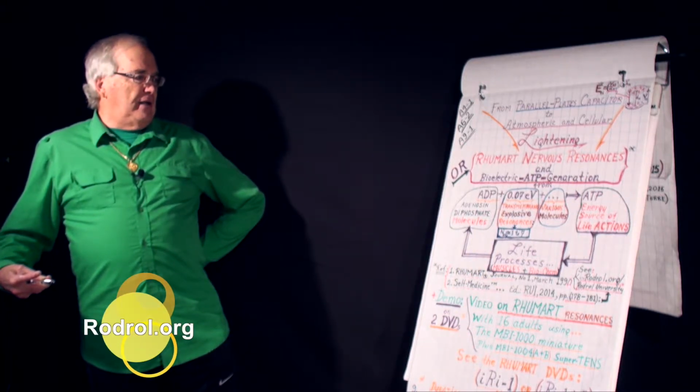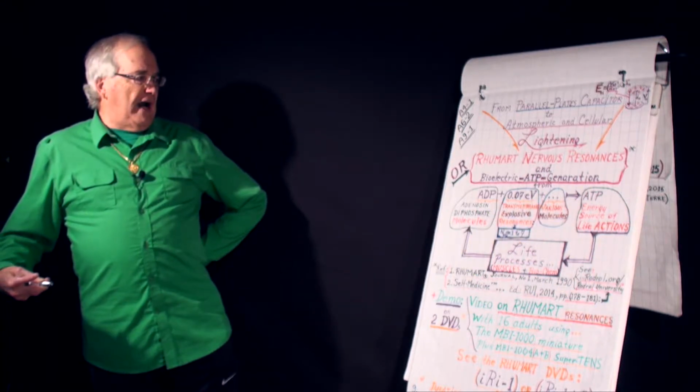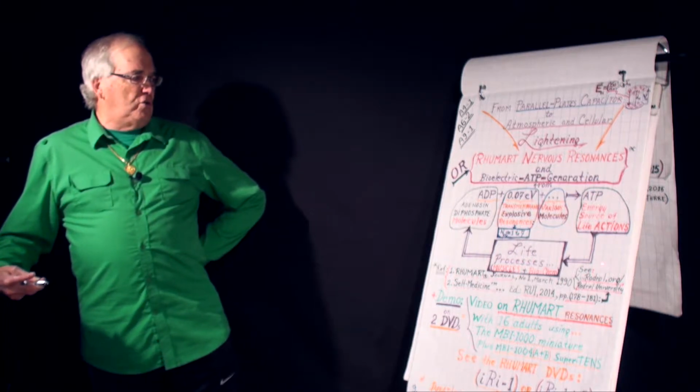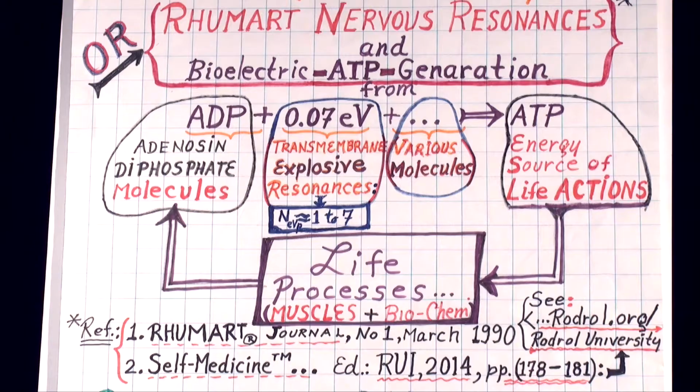If you go to Rodrol University, in the left menu you will see one section on Rheumatoid Journal, and in the #1 you will see a detailed analysis of the resonance between rheumatoid and the nervous system, especially at the synaptic level.